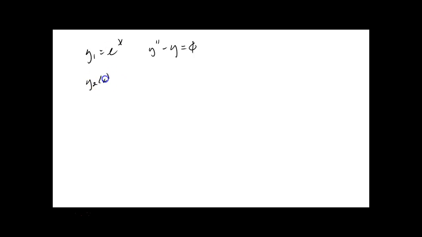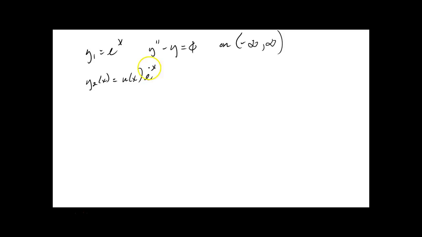This y2 of x is going to be some u of x times y1, e to the x. And this is all true on the interval minus infinity to infinity, because e to the x works everywhere. That's going to be our y2.